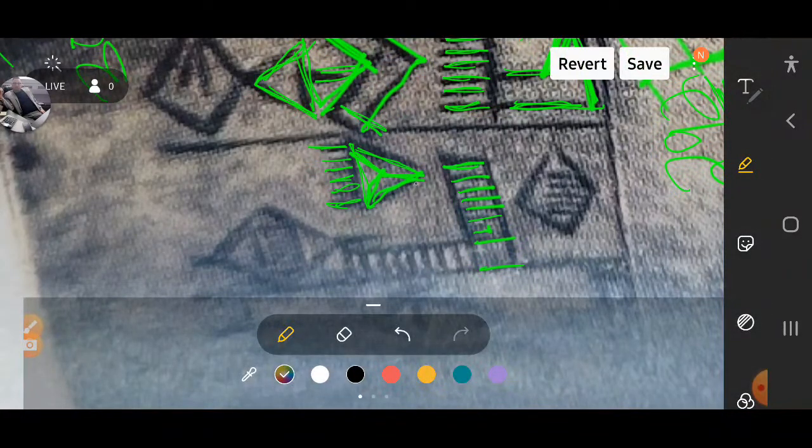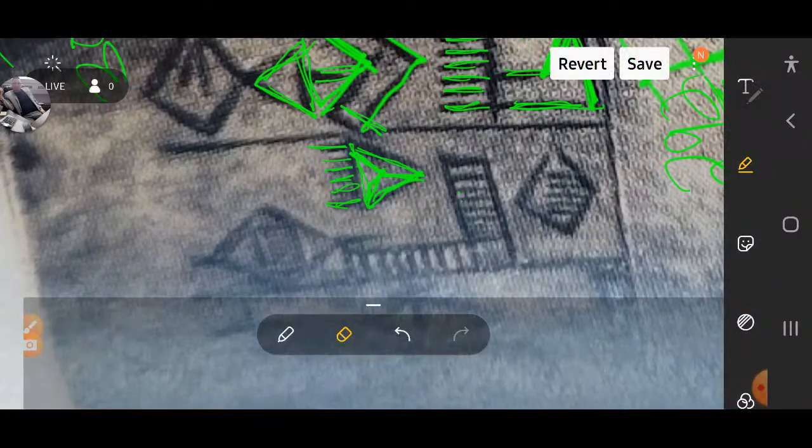Almost looks like a 4, don't it? Maybe, let me look back again real quick. Hold on, let me erase that real quick. I'll look a little closer.